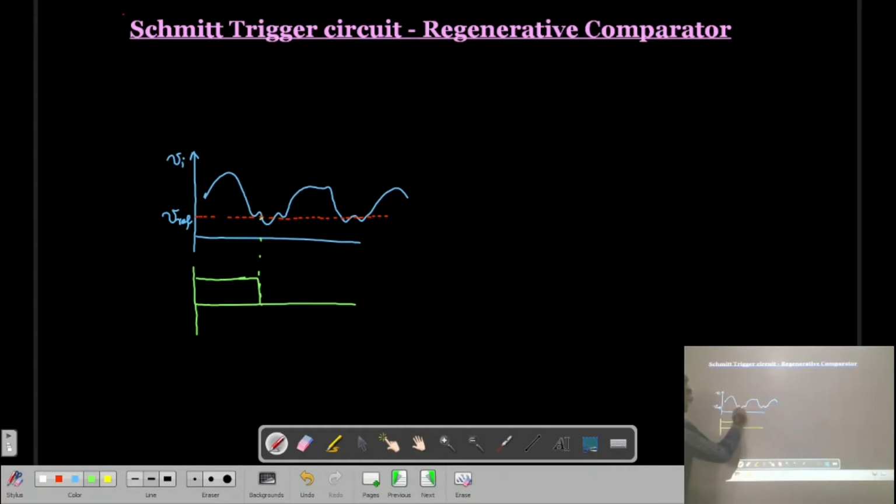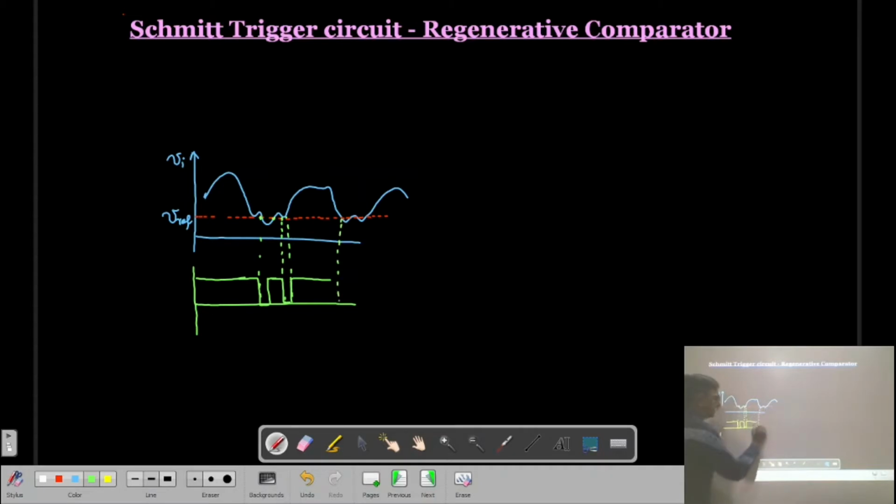But here now you have a zero crossing. Due to the noise, your input voltage is crossing the reference voltage, so in that case the output will change in this way. Then here also we have a zero crossing at this point, and again the output voltage is going to change like this.